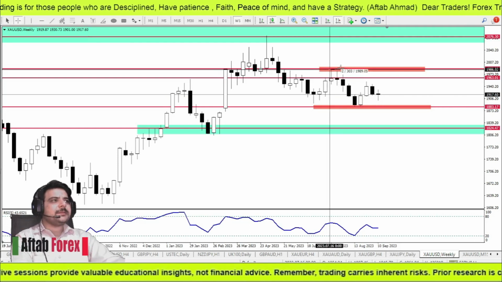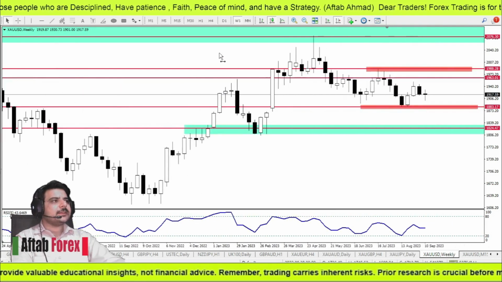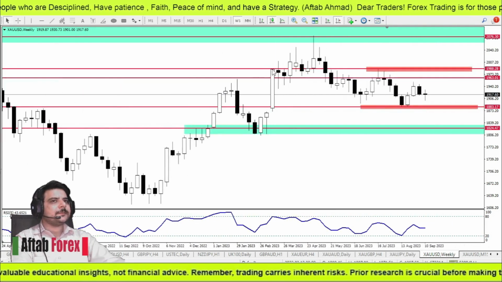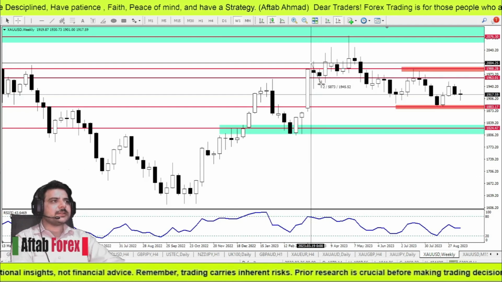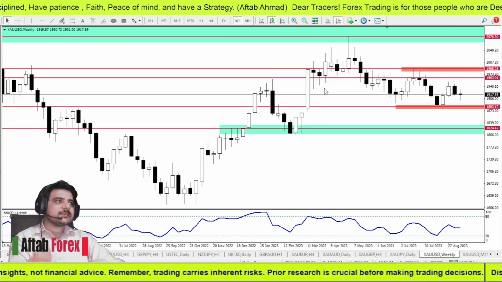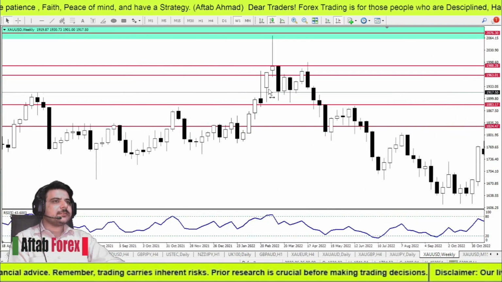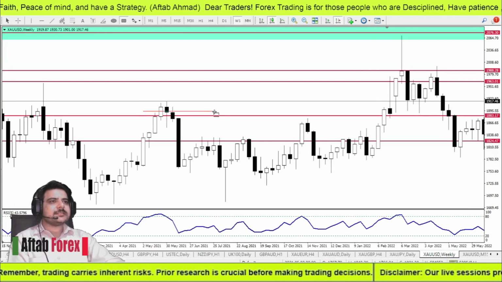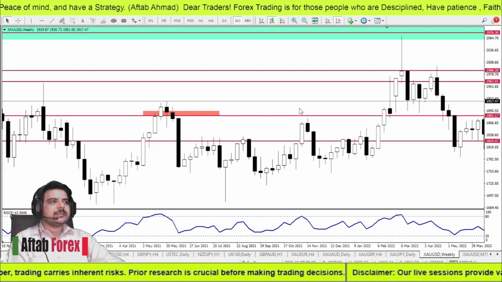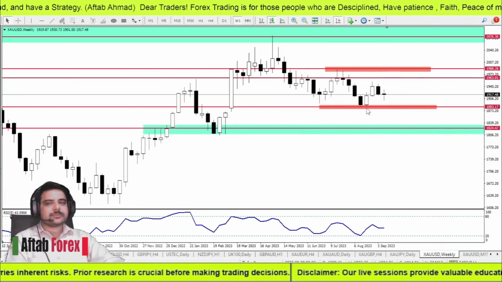How it became a support, we have to see. Have a look at it right here, and this is the weekly. For 2 weeks from here the market was coming down. Also right here, look left, we have this level on the weekly, from where the price bounces off.